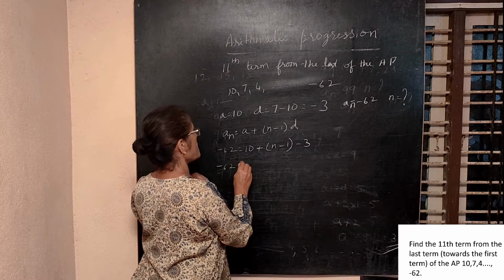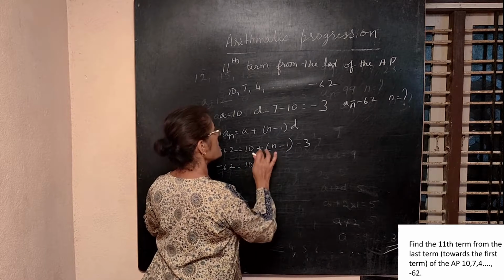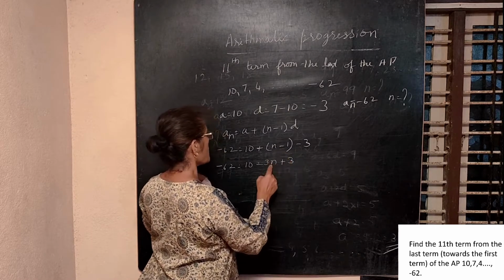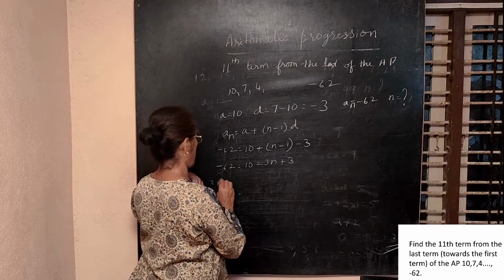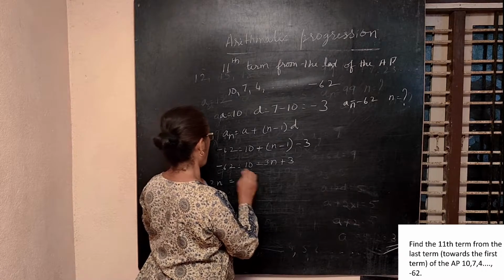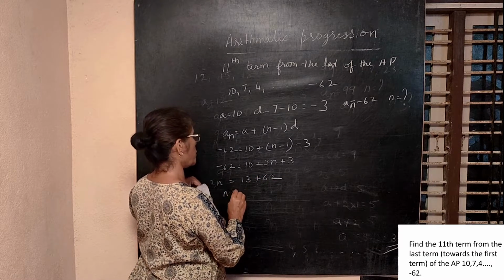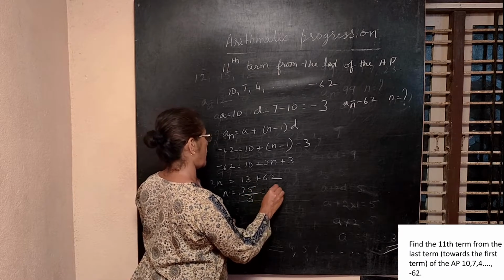Minus 62 is equal to 10 plus 3 minus 3n. So, minus 3n, let me bring this side. 3n is equal to 10 plus 3, 13, plus 62. So, n is equal to 75 divided by 3, which is 25.